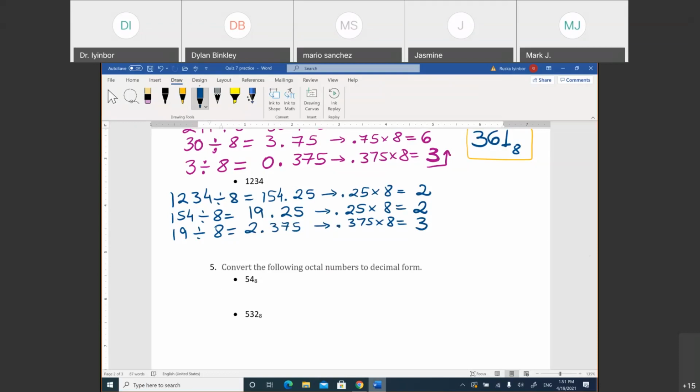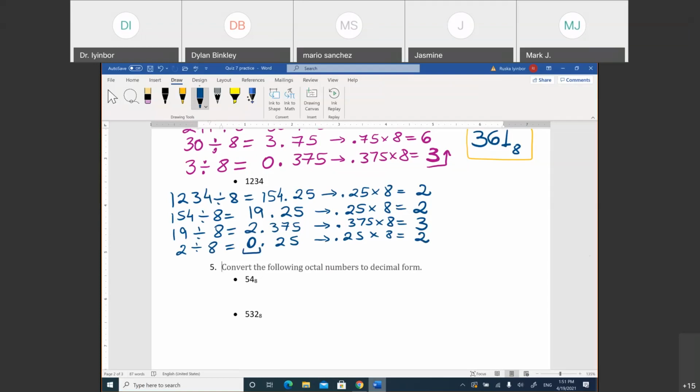And then you're going to get 2 divided by 8. It's going to be 0.25. So you're going to multiply again, 0.25 times 8 is also 2. And then because this is 0, you stop here.